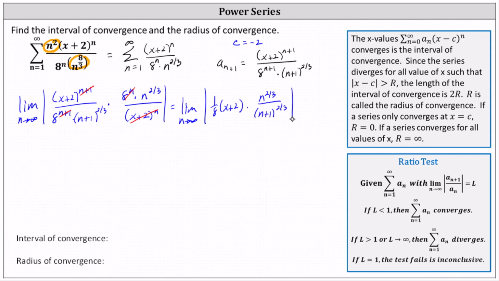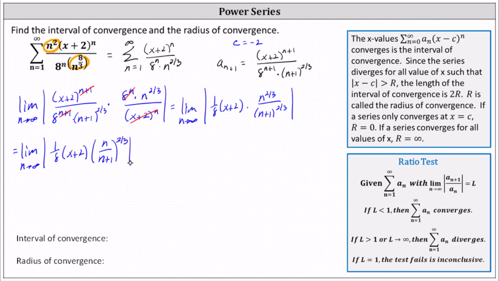Notice both n and n plus 1 are raised to the power of 2/3, so let's write this as the limit as n approaches infinity of the absolute value of 1/8 times (x + 2) times the quotient of n and n plus 1 raised to the power of 2/3.